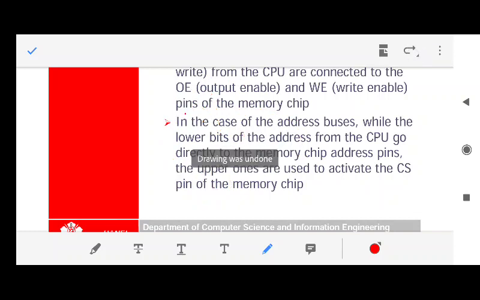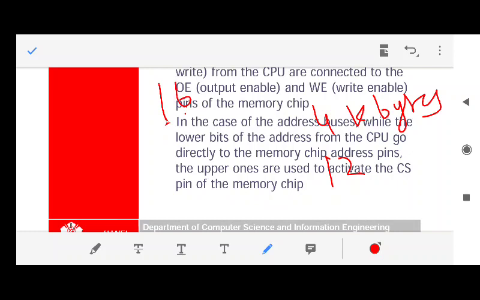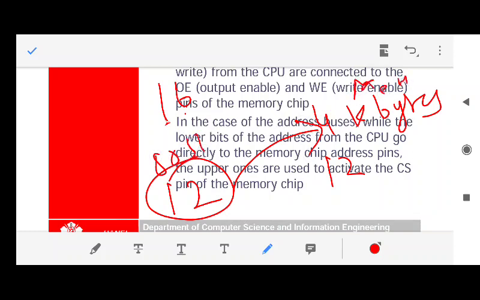If, for example, 4 kilobytes of memory needs 12 address lines, but your 8051 has 16 address lines, only the 12 lower address lines will be used to interface between the address lines of 8051 and the address lines of memory. The rest of the address lines will be used for something else.